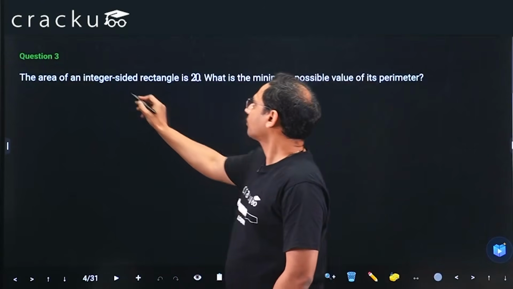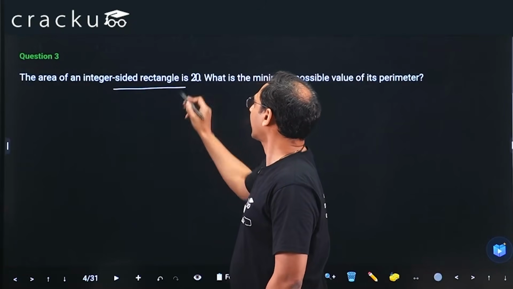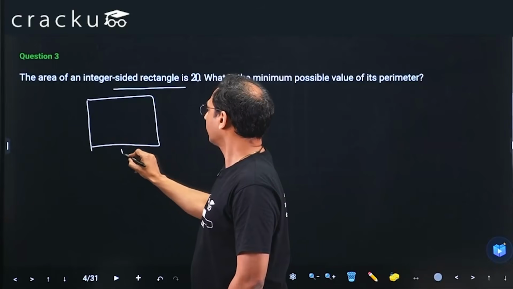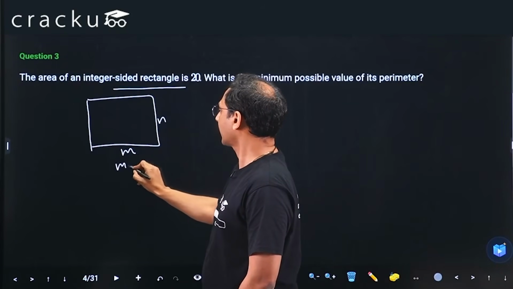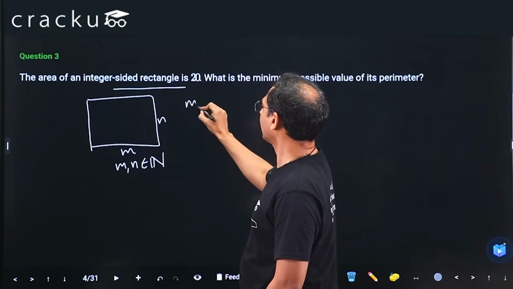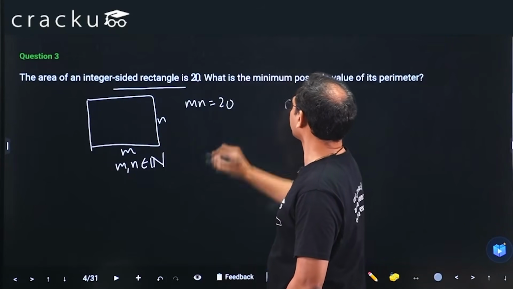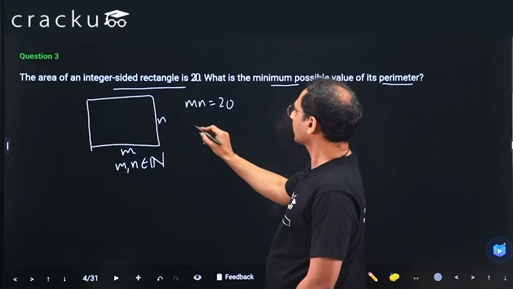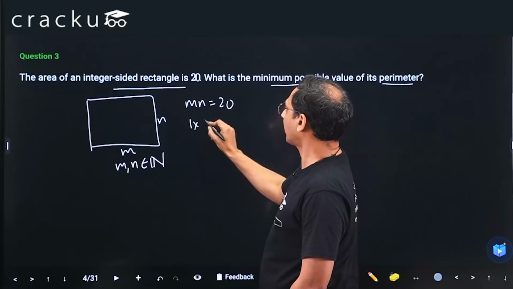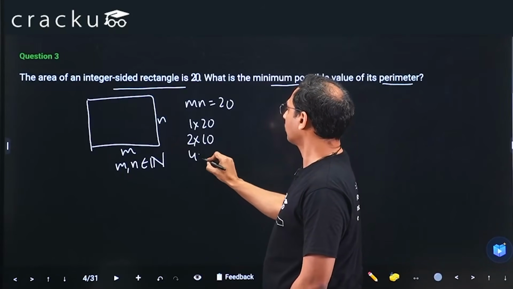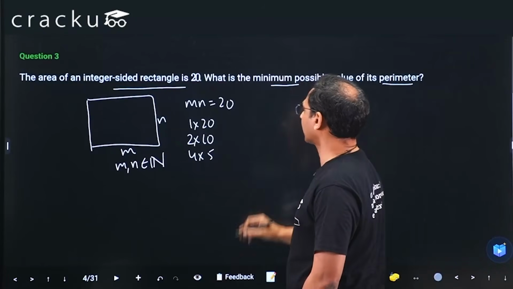The area of an integer sided rectangle is 20. So imagine a rectangle with integer sides m and n, natural numbers. Its area is 20. What is the minimum possible value of its perimeter? Here we have possibilities 1 into 20, 2 into 10, 4 into 5, 3 possibilities.